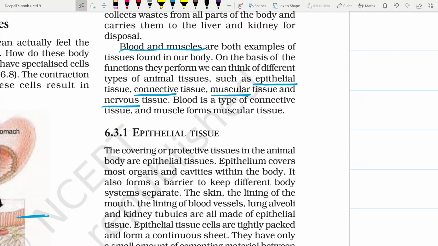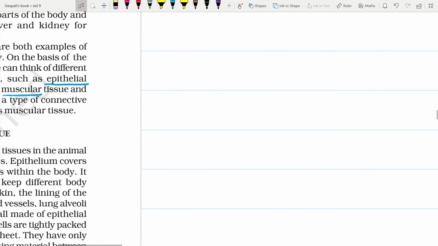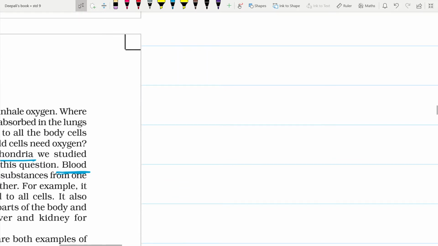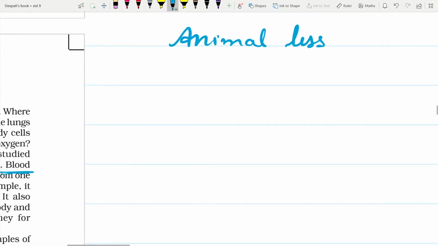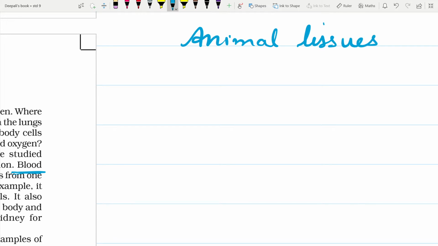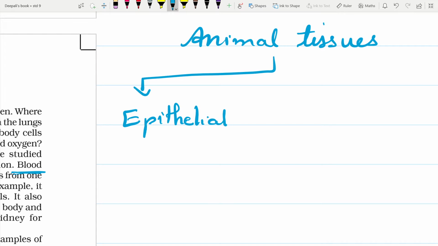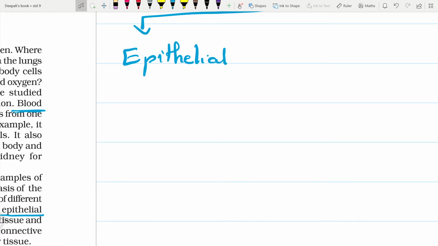Epithelial tissues are the tissues which make the outer protective cover of any body organ or the animal body. The first is epithelial tissue, which forms the protective layer over various organs inside the body and outside the body.